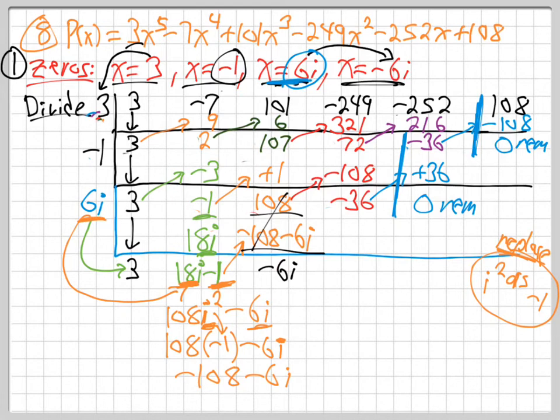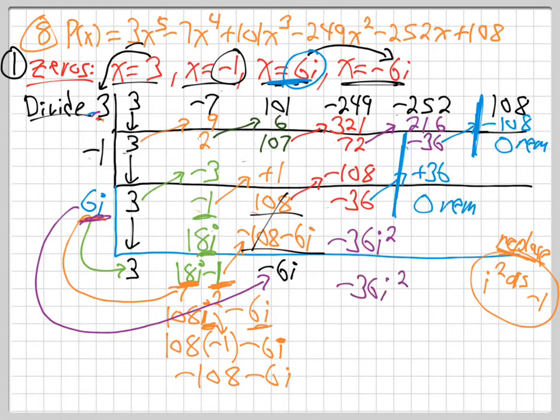And then let's do our last step here. 6i times minus 6i is minus 36i squared. Minus 36i squared, right? Because 6i times minus 6i, 6 times minus 6 is minus 36. i times i is i squared. And again, what do we do with i squared?